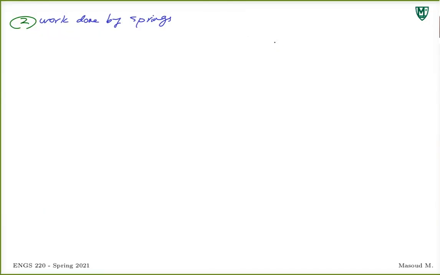If you have a spring like this, let's say it's attached to some fixed end, and you have this spring in its initial form, and the length of that is S1. Then you stretch the spring, and the length becomes S2.